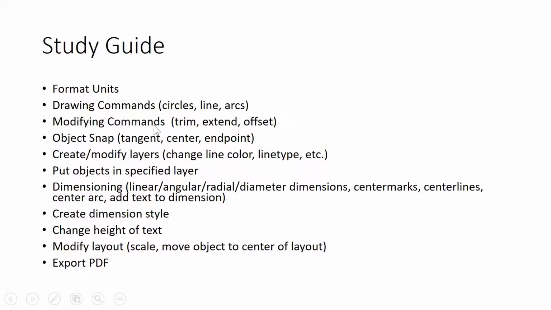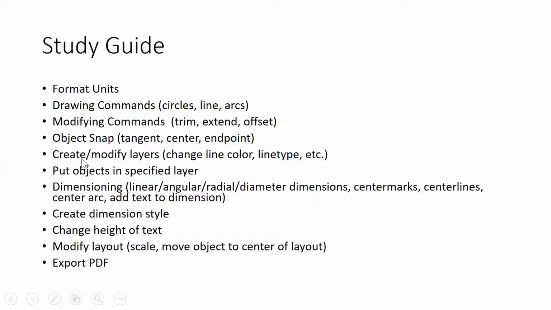Modifying commands, make sure you know how to trim. Remember, when you trim, the first thing you do is right-click and select all. Extend, same thing. And offset, the first thing you have to do is change the radius, okay? Object snap, make sure you know how to use the tangent, center, and endpoint. Also, if you use the object snap toolbar, make sure you know how to show the toolbar.